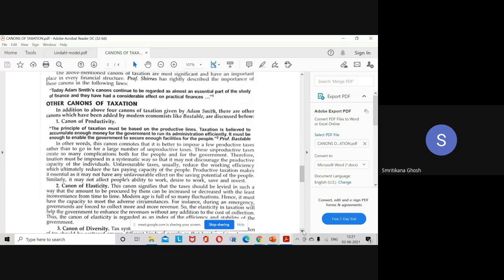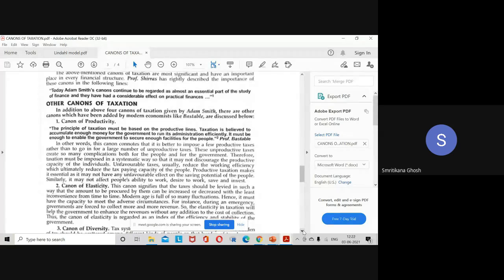Okay. Now the canon of elasticity. Canon of elasticity means the tax structure should be like this: if the government wants, they can increase or decrease the tax rate or amount of tax revenue very easily. That means the tax structure should be very much elastic in nature. If there is a natural calamity, government can ask the salaried people to pay a lot of income tax for 1 year. Sometimes it happens.